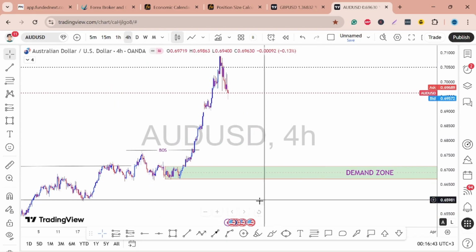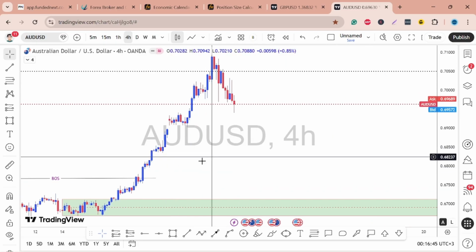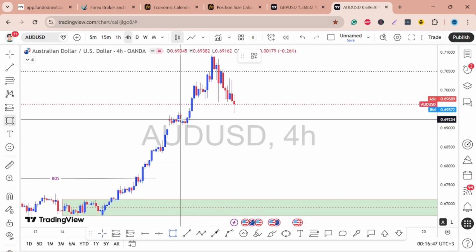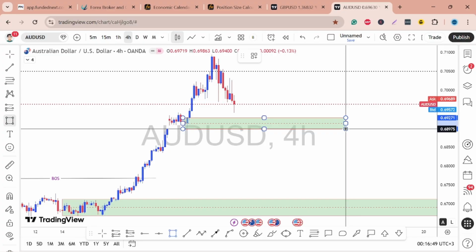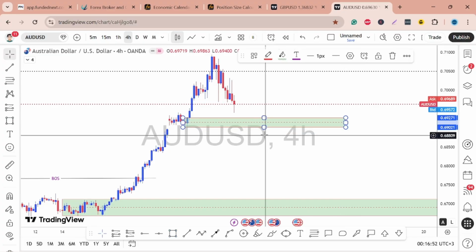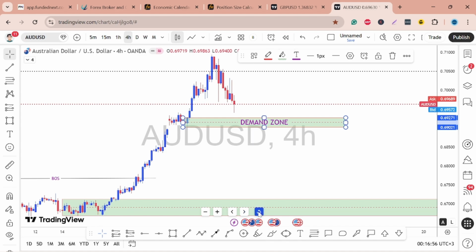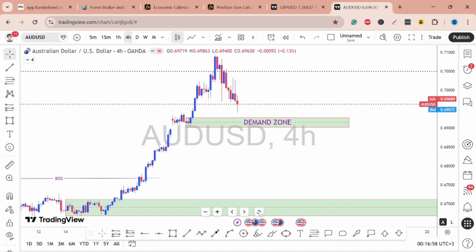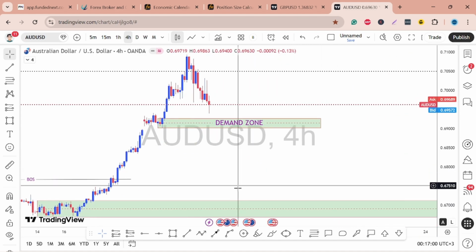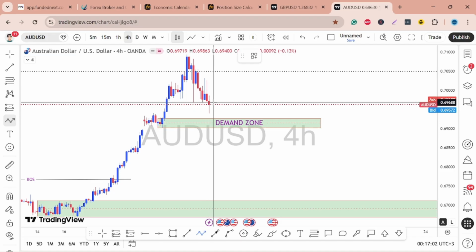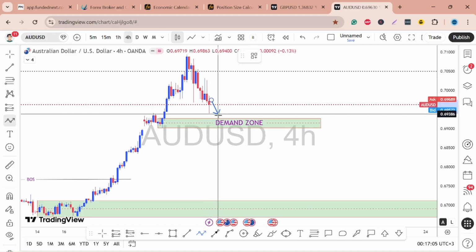Also on the 4-hour time frame, I think we have a small demand zone here that might also influence the price. So this would be an immediate price point that you would want to consider as the market opens tomorrow, that is on Sunday.